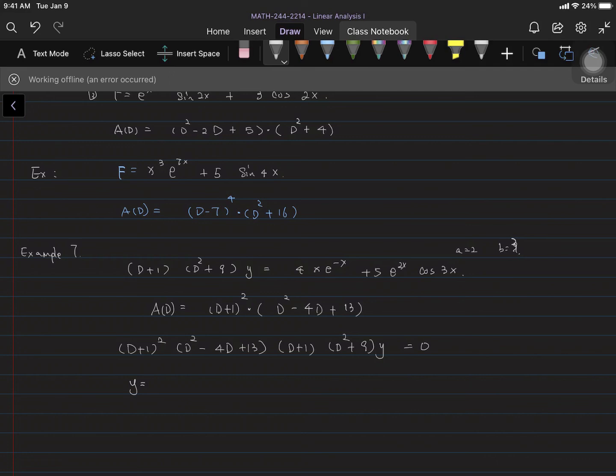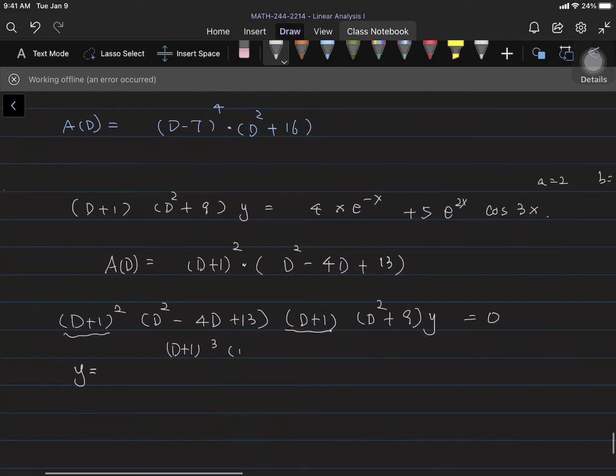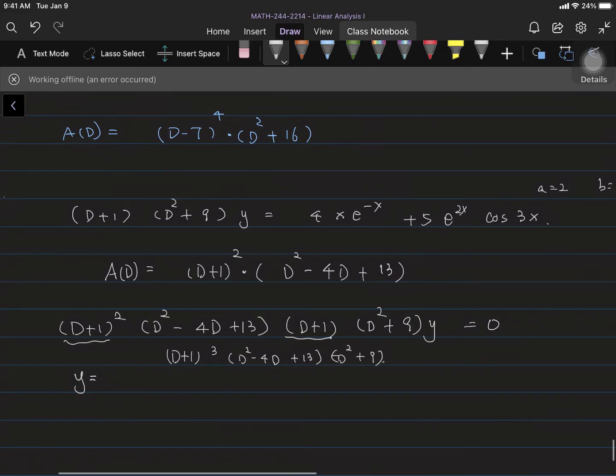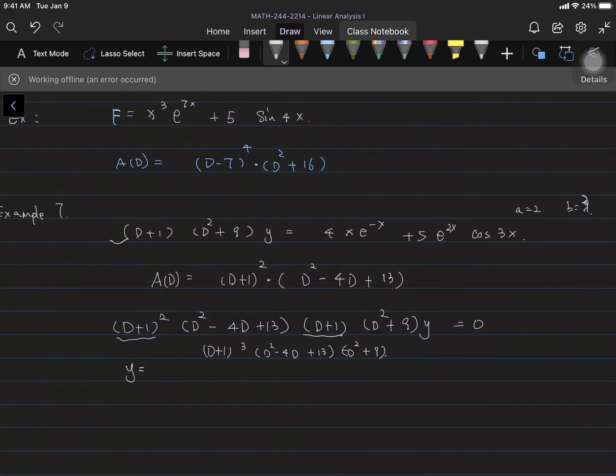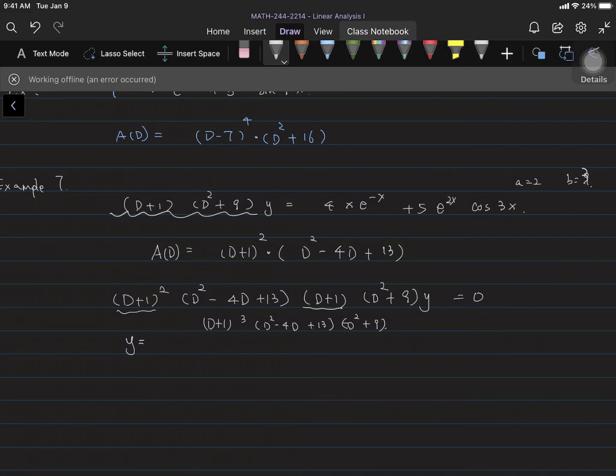Before I write down the solution, I think we can combine those two terms. We can change this into D plus 1 cubed, right? And D squared minus 4D plus 13 and times D squared plus 9. Okay, and corresponding to the original homogeneous differential equation, we can write down YH firstly.